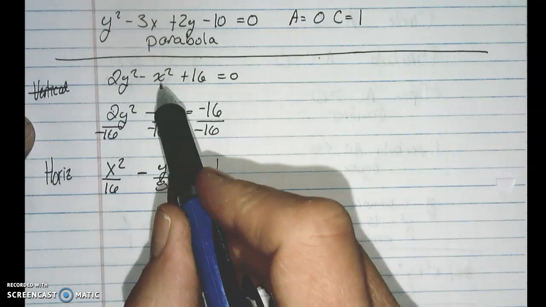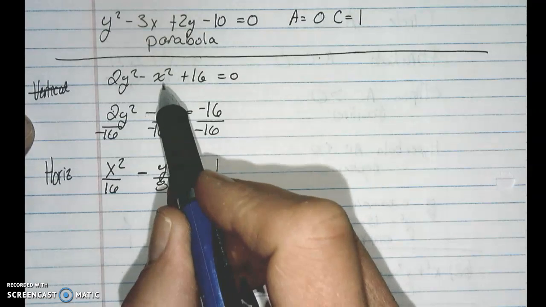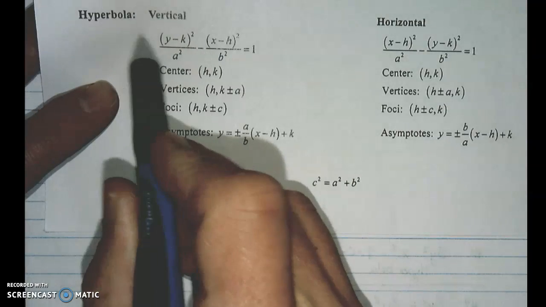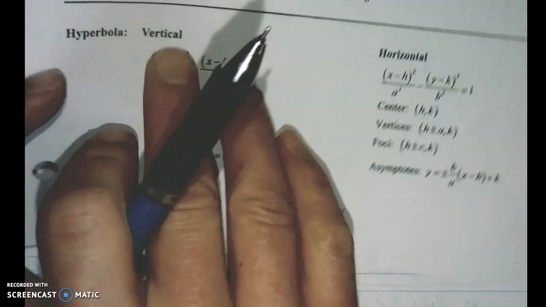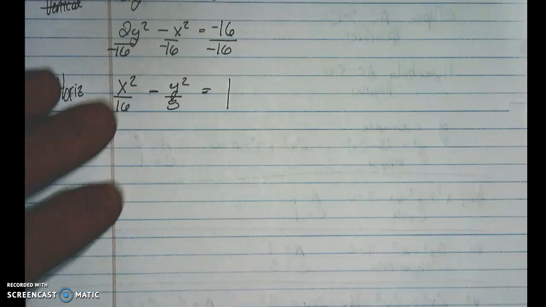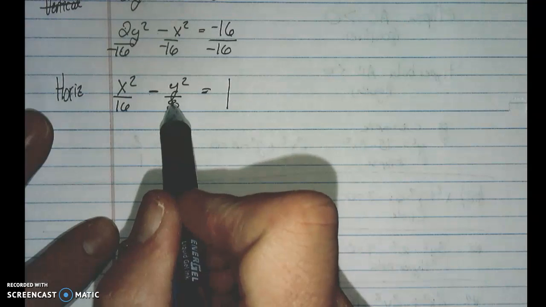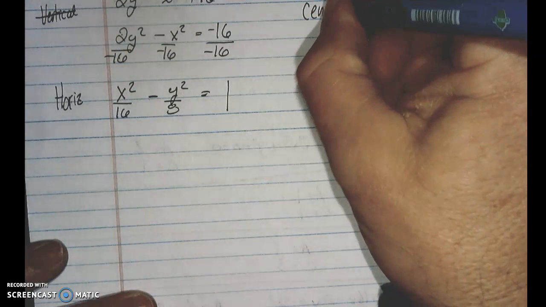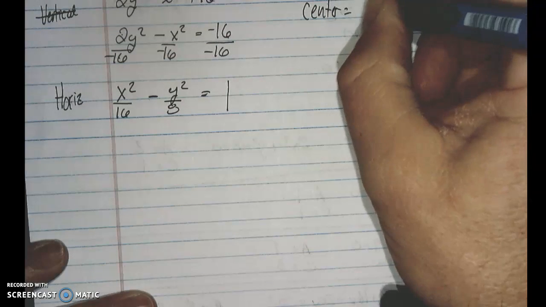What I did was when I first looked at it, I saw that the x squared was negative, so when I looked at the paper, my x was negative there. So I'm thinking, oh, it's going to be vertical. But when I worked through the math, it turned out that it ended up being horizontal because the y squared was negative.